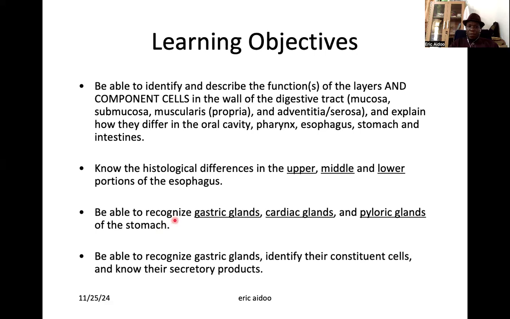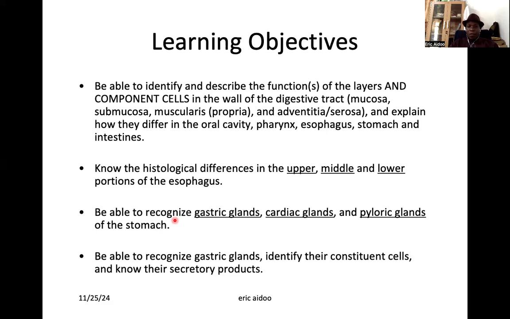So you should be able to tell the components of the oral cavity, be it the tongue, the papilla or taste buds, salivary glands. Then you look at the general architecture of the GIT, that is mucosa, submucosa, and then the muscularis, as well as the serosa or adventitia.